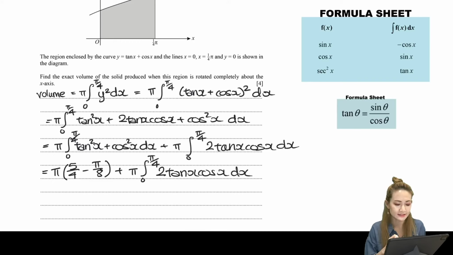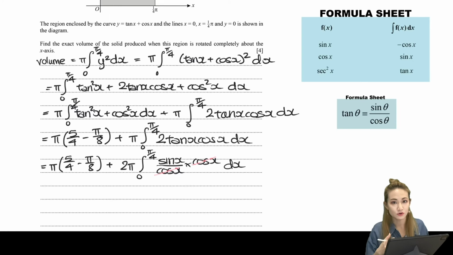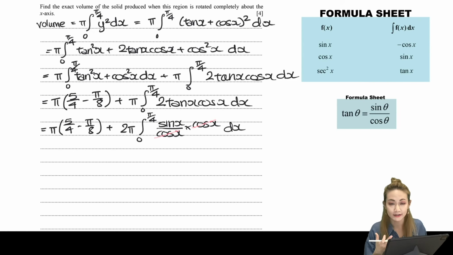So if we replace the tan x with sine x over cos x, and also take the 2 out, that's plus 2 pi integration from 0 to pi over 4 of sine x over cos x multiplied by cos x dx. The cos x and the cos x cancel out, leaving only the integral of sine x, which we can integrate.